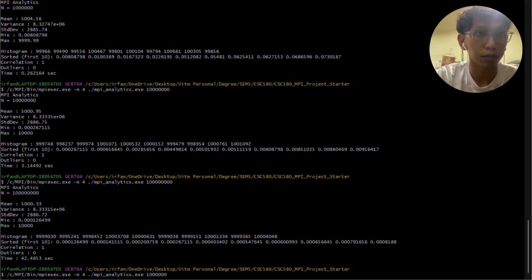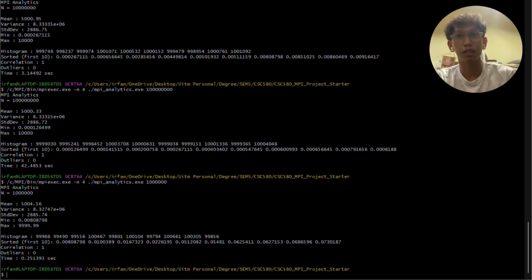Each process performs local computation independently, and the results are combined using MPI reduce. As you can see, we get a pretty fast output, but that is expected as it is just a small dataset.